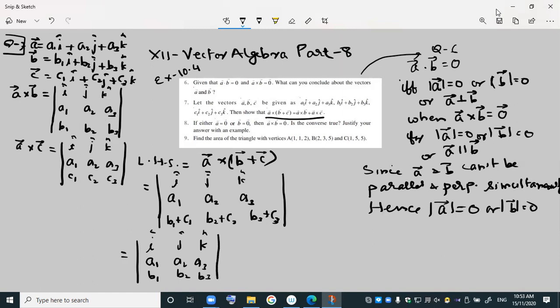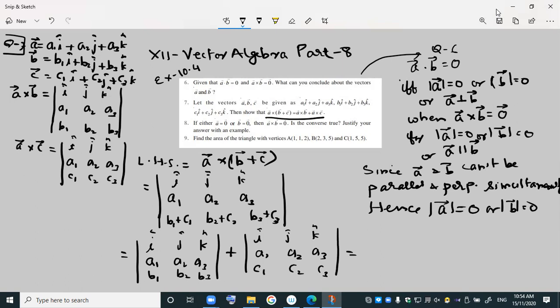Then there is a plus between them. So the second determinant will be i, j, k, A1, A2, A3, C1, C2 and C3.